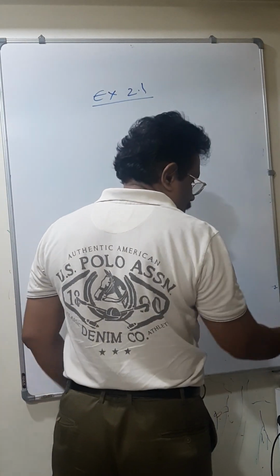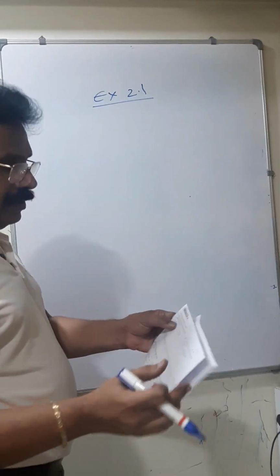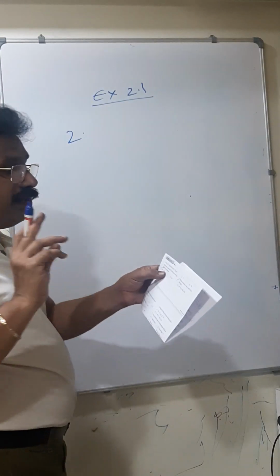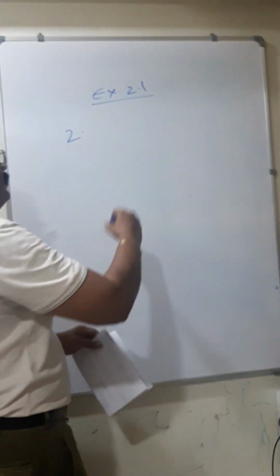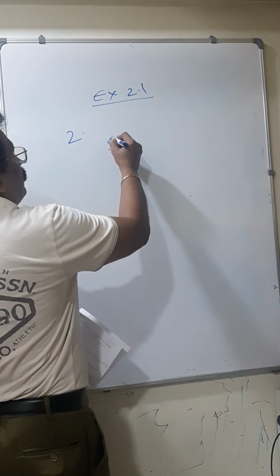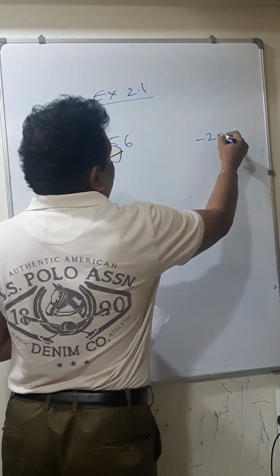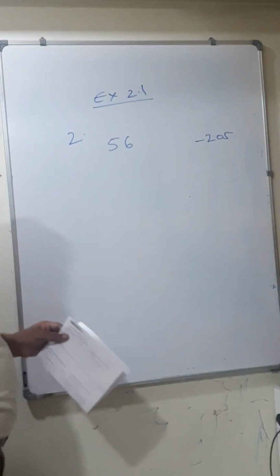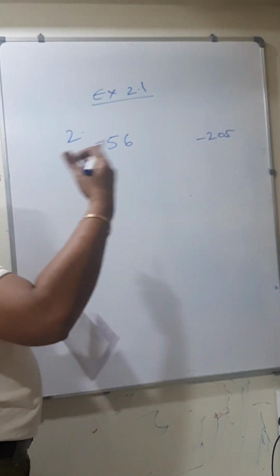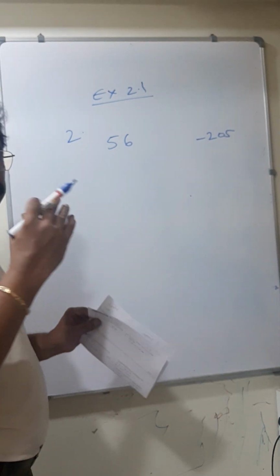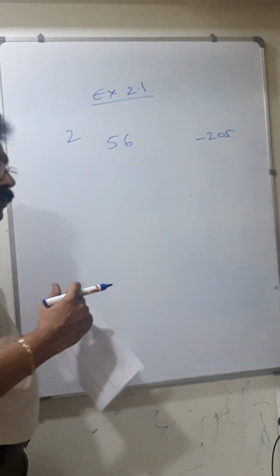Exercise 2.1, second question. Write the predecessor as well as successor of the following integers. 56 and minus 205. Now predecessor means to the left, successor means to the right. P for predecessor, P for पहले, the previous number.